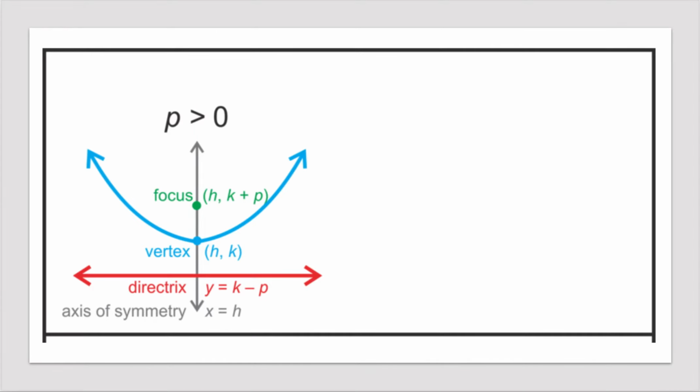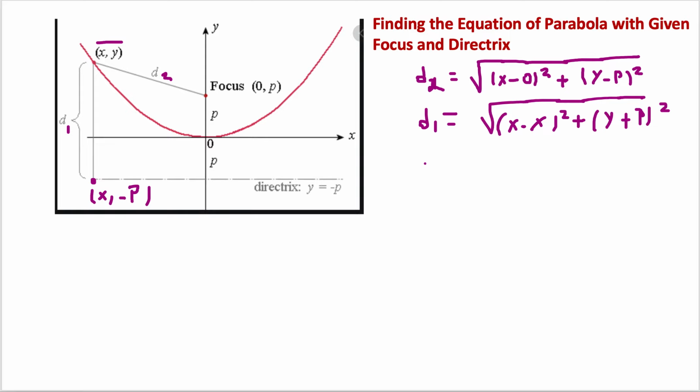Of course these distances are equal, so d1 is equal to d2.